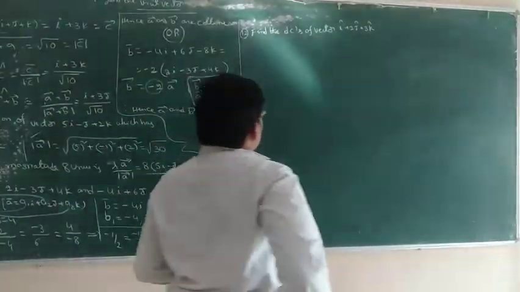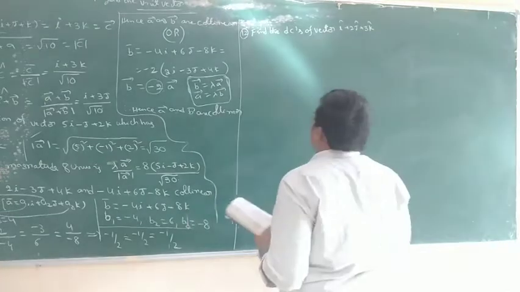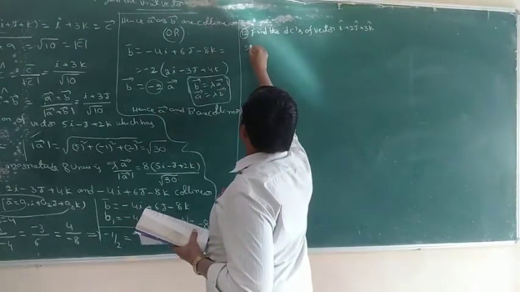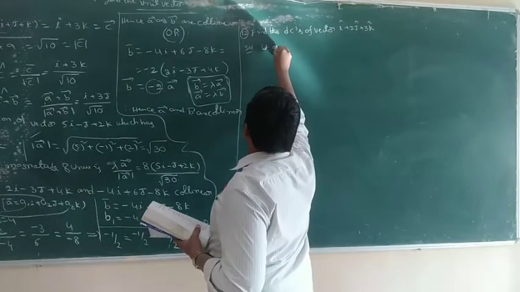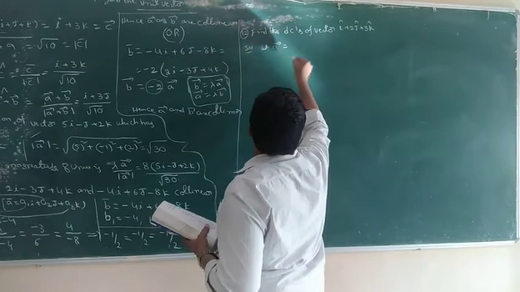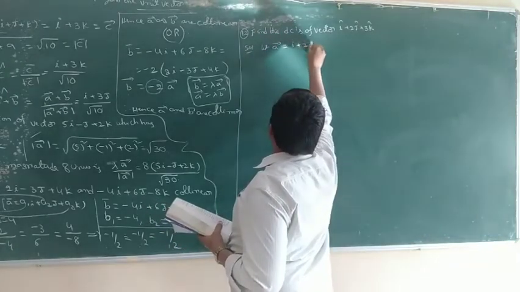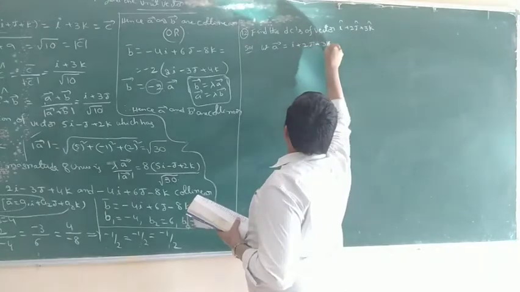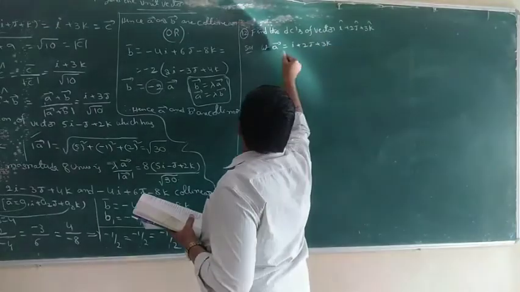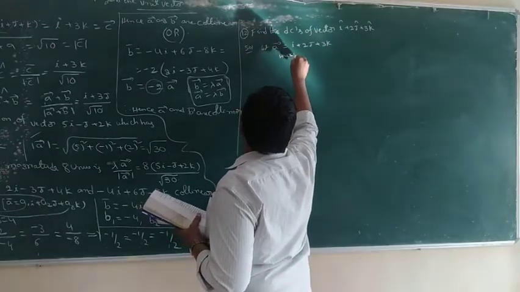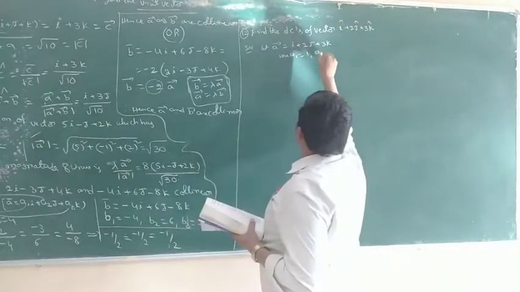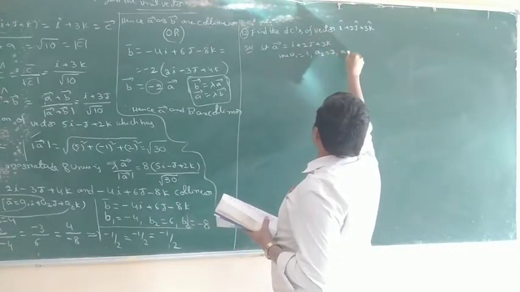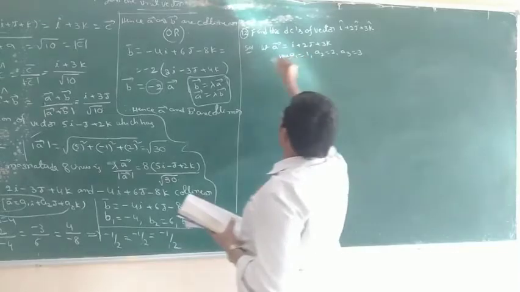Okay, direction cosines of the vector. Solution: let a bar is equal to i plus 2j plus 3k. Here a1 is equal to 1, a2 is equal to 2, a3 is equal to 3.